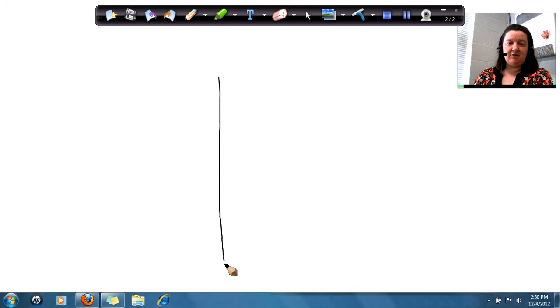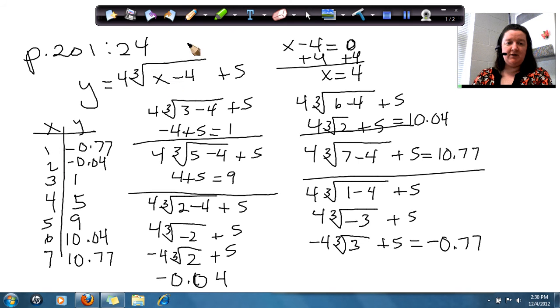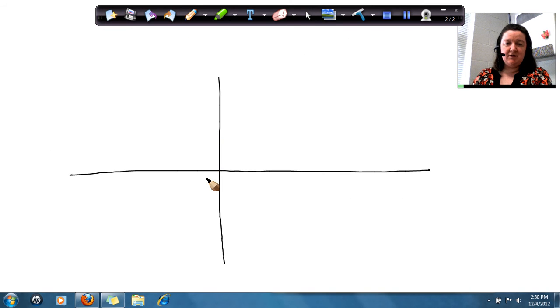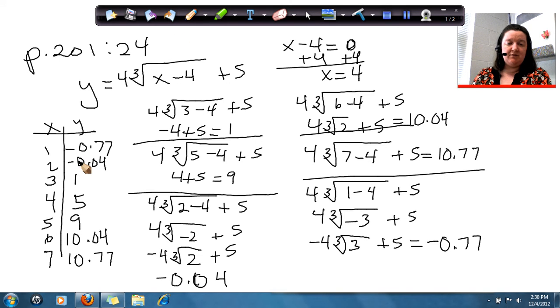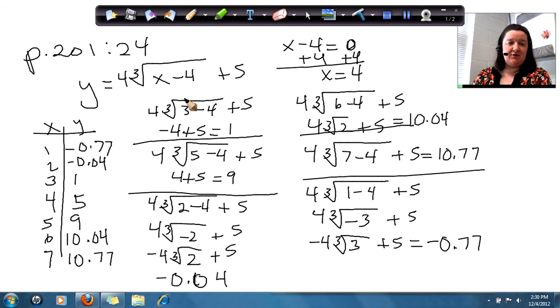So let's look at our graph. If we look at this, we have 1, 0.77 negative. Oh, let's make it an x of 1, not a negative 1. We have 1, negative 0.77, and then a 2 gives us a negative 0.04.